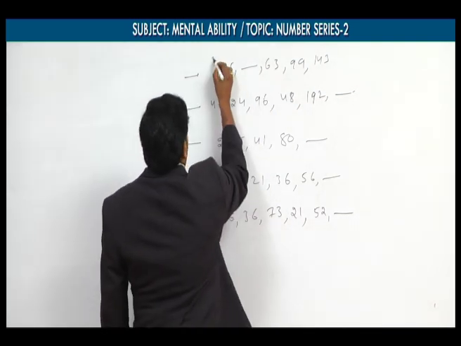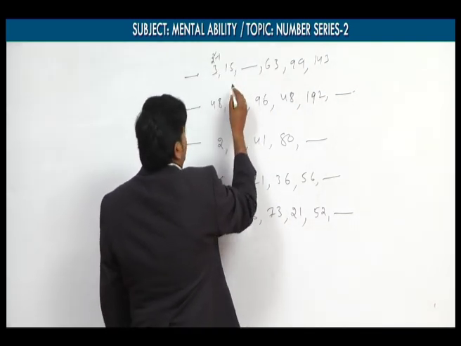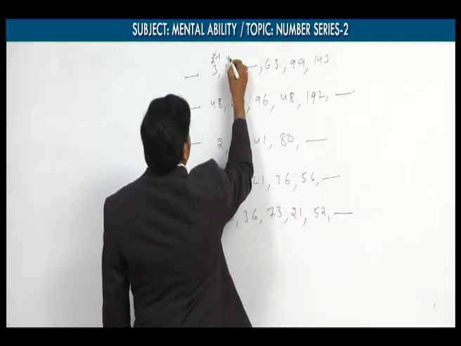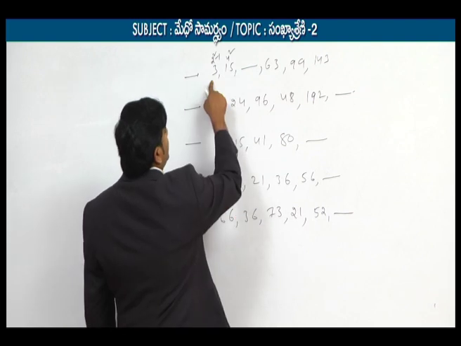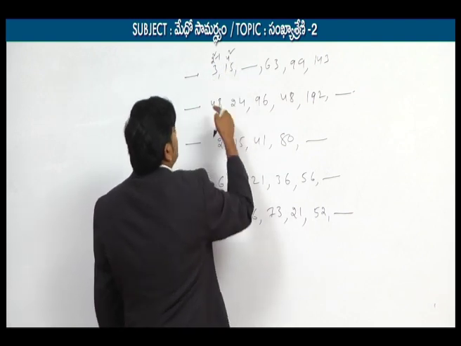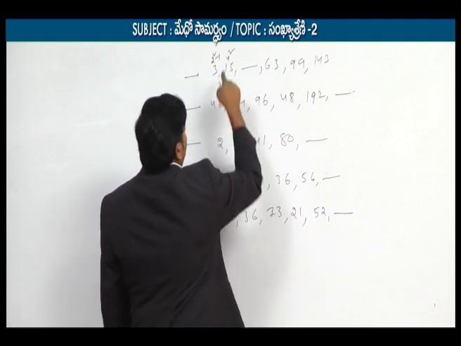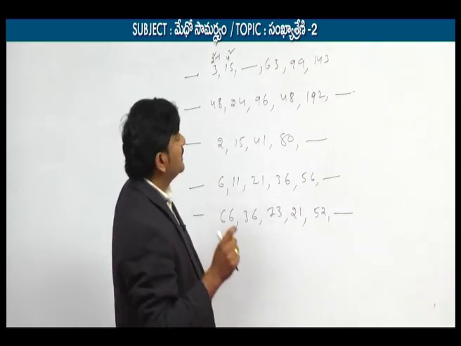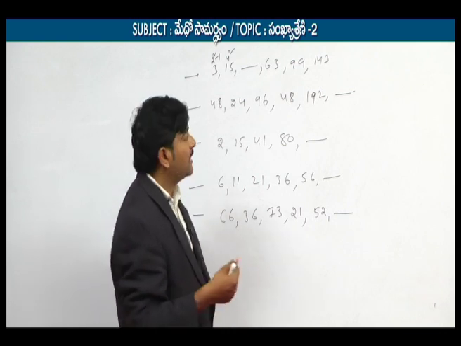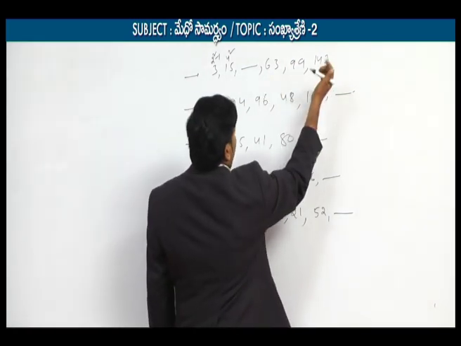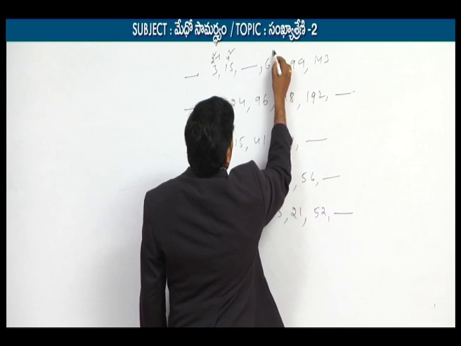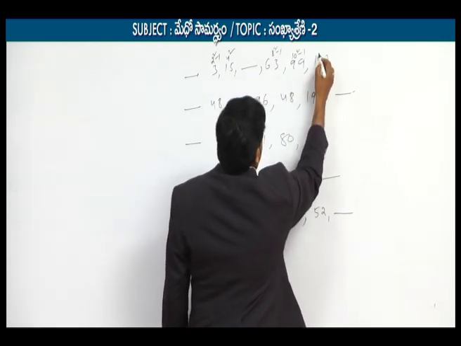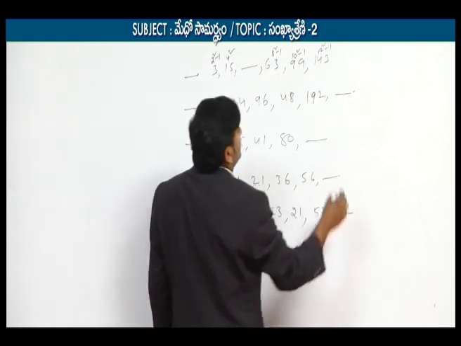What does it mean? 2 square minus 1. And this is 4 square minus 1. It's not 3 square minus 1. 4 square minus 1 means he is taking only even numbers, or if you take these two numbers you will get the idea. 63 means 8 square minus 1, this is 10 square minus 1, this is 12 square minus 1.